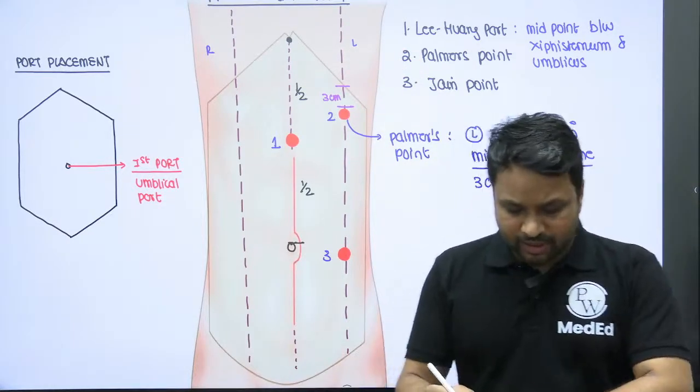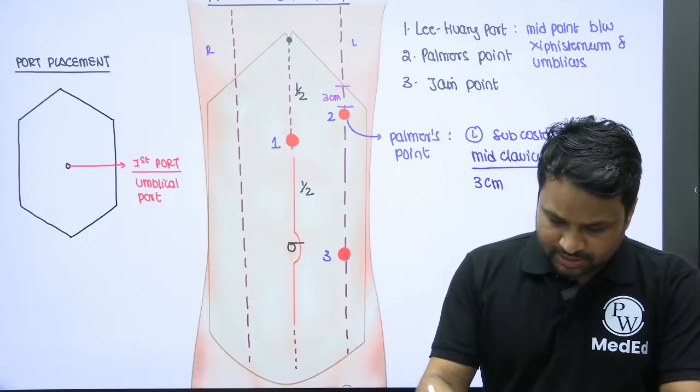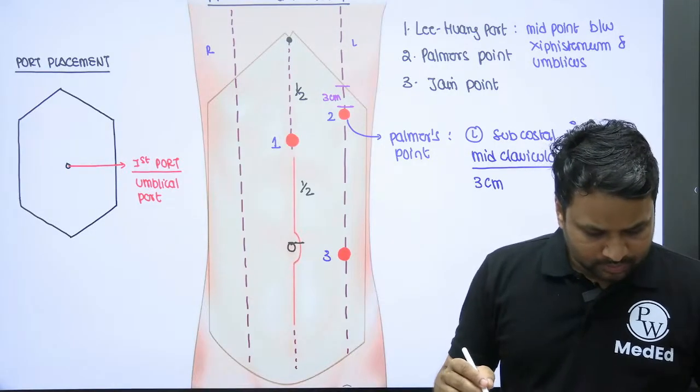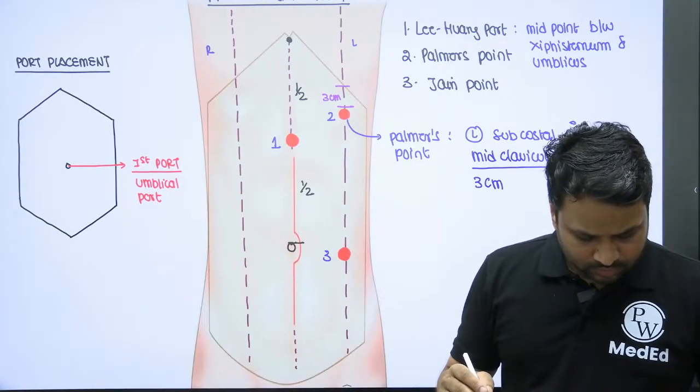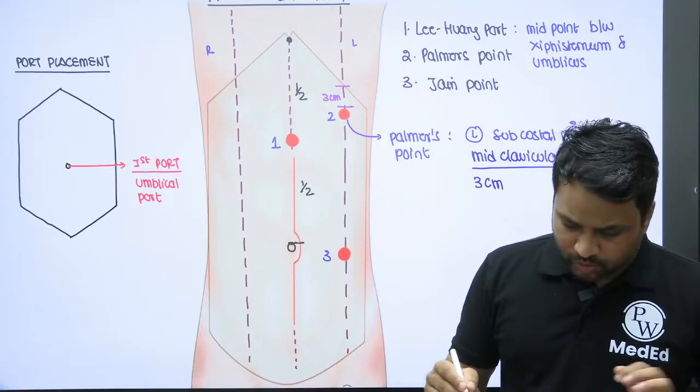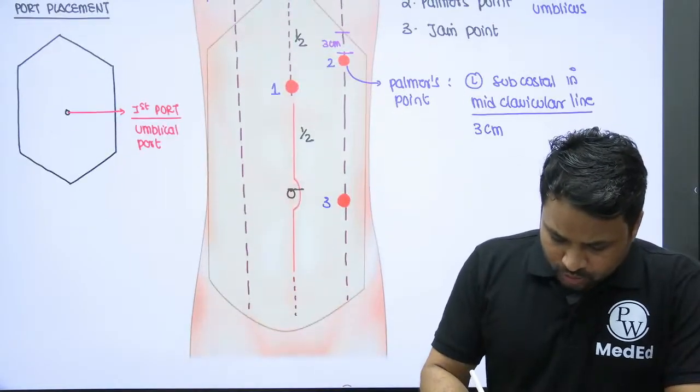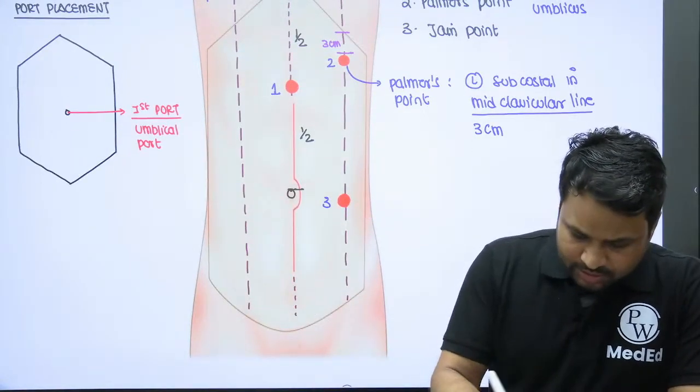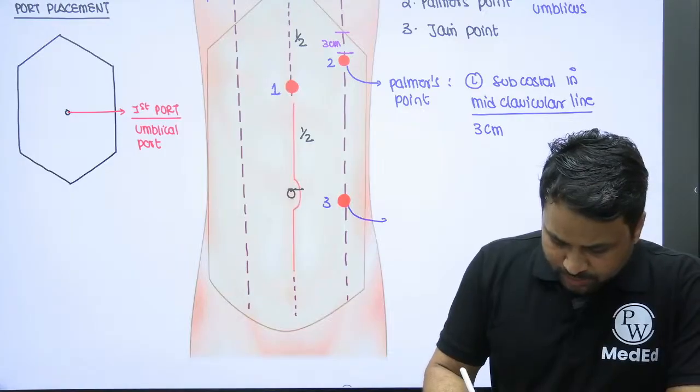Okay. Then you have your Jane's point. Okay. So this is what we call Jane's point. Okay. So this is your Jane's point. So where is your Jane's point exactly?